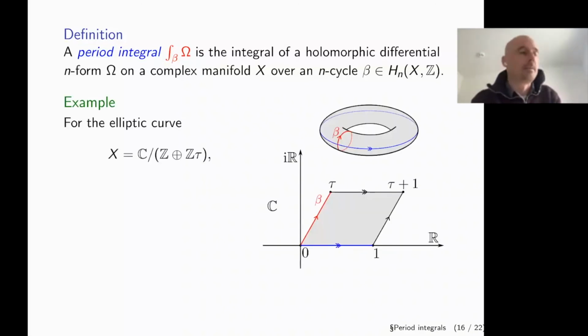So for instance, an elliptic curve is a Calabi-Yau. Here you see it represented as a quotient of the complex plane by a lattice with parameter tau. On the right-hand side, you see the fundamental domain. And so what you do is you get this elliptic curve by gluing the opposite edges of this fundamental domain to each other. And then it becomes this two torus.